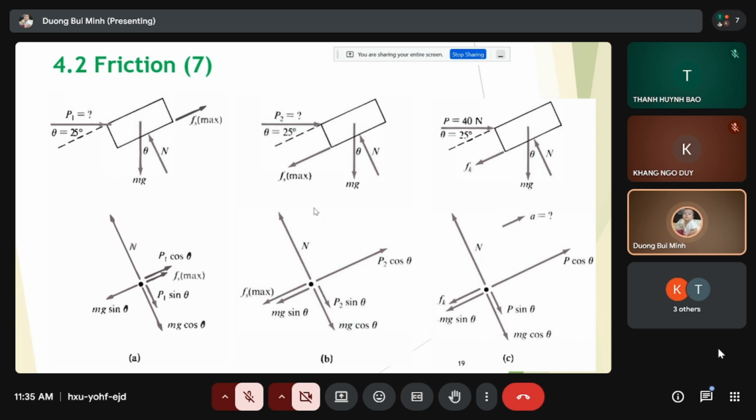So of course we need to increase B2, but the total force must be less than Fs, and the object continues to be at rest. According to these ideas, now we have the force diagram. Here you get B2 cosine theta, here B2 sine theta equal to this one. This is mg cosine theta and this is mg sine theta.